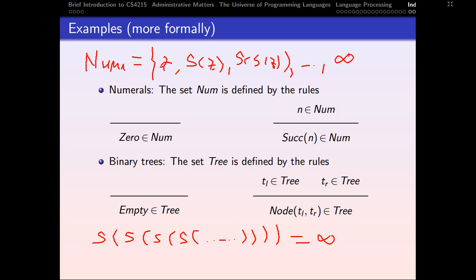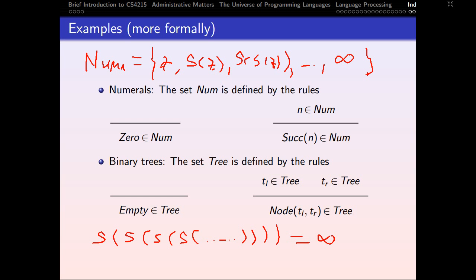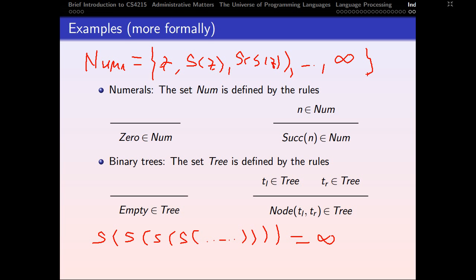does this break the rules? Is there a Z inside that? We don't know. We have no way of checking. Can you do successor infinity? If I put successor here, what do I get?